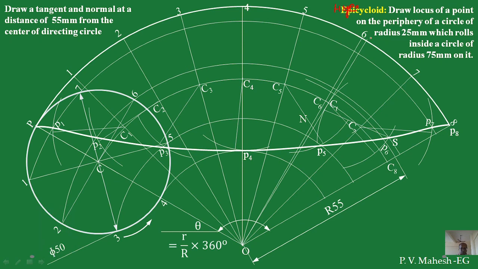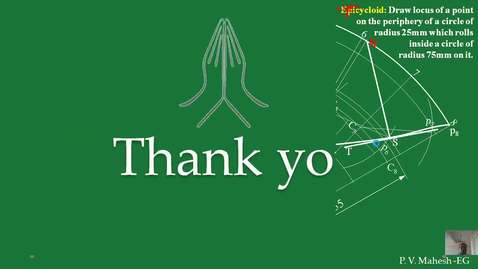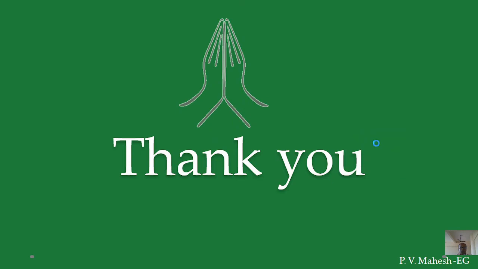So this point is N. Once this point is N, join N and S, I will get the normal. If I draw a line perpendicular to this normal, I will get the tangent. So this is about the hypocycloid. So this is what I wanted to discuss about cycloids.